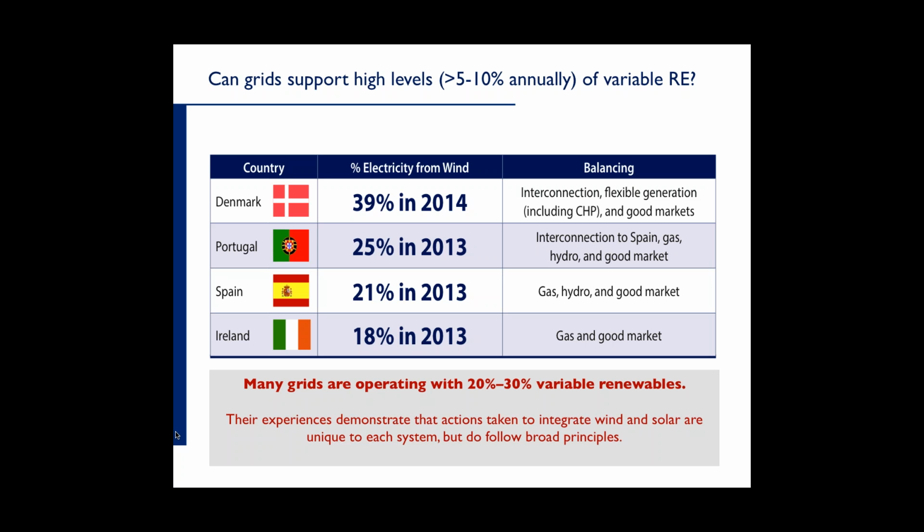But this gives you sort of a range. Denmark, on the one hand, small, large interconnections. Ireland, 18%. Ireland has some pretty high renewable energy objectives. They're not stopping at 18%, and they're actually going through a market redesign right now to try to make sure that their market allows them full access to physical capability.